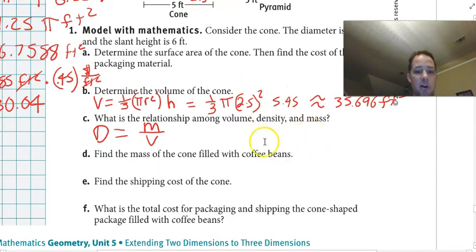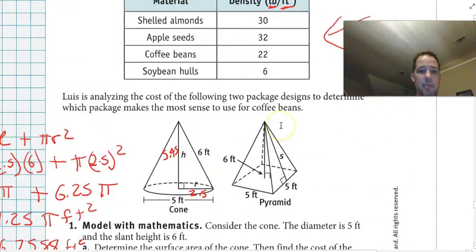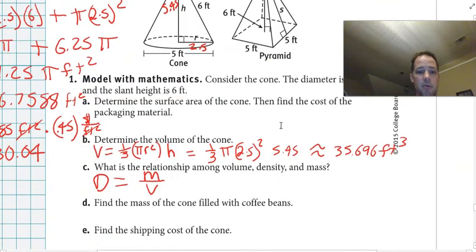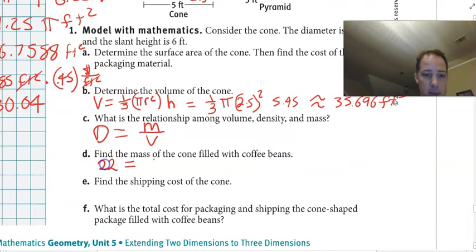Find the mass of the cone filled with coffee beans. So the density of coffee beans is 22 pounds per cubic foot. The mass is what we're solving for, and the volume is going to be 35.696.